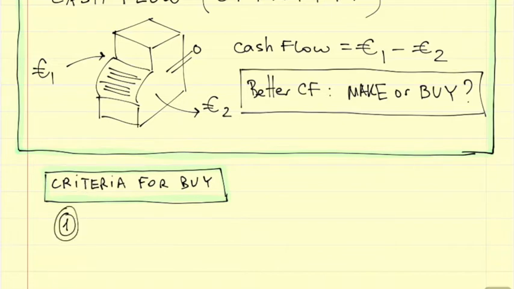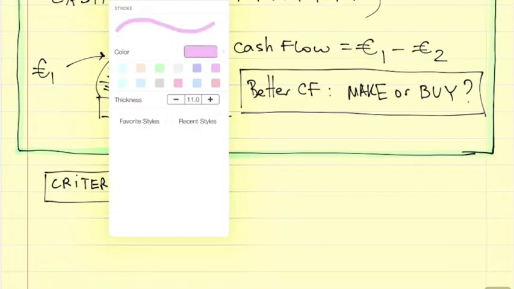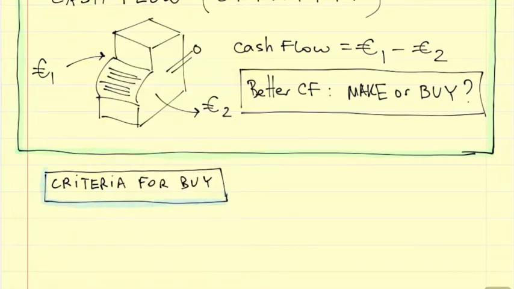I'm gonna make another color. I don't like it. So this blue is nice. The criteria for buy. One.